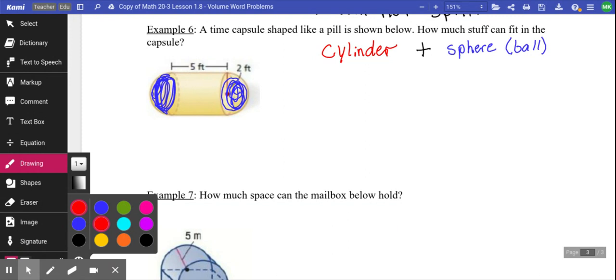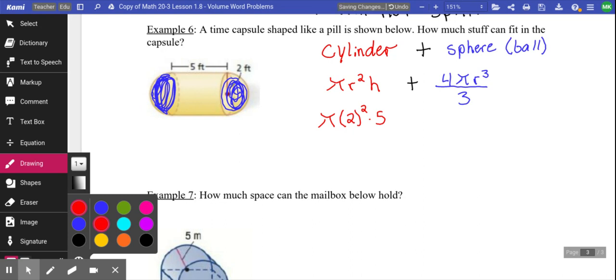Our cylinder formula, I think I'd know it by now, is pi r squared h, plus the sphere, which is 4 pi r cubed divided by 3. Do you just do 4 pi or 4 times pi? 4 times pi. When I do that cylinder, that's pi times 2 squared times 5.